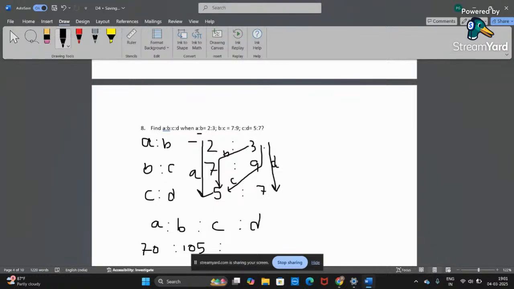To find C, 3 into 9 into 5. How much is it? It is 135, right? Yes. To find D, again a straight line: 3 into 9 into 7. It is 189.